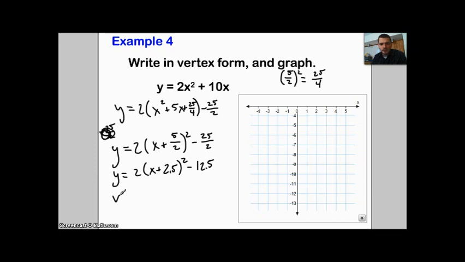So the vertex here is going to be negative 2.5 comma negative 12.5. So right about here. Go over 1, up 2, and on both sides right here. And then over 1, and then up 6. 1, 2, 3, 4, 5, 6. So right here, and that's pretty much it.